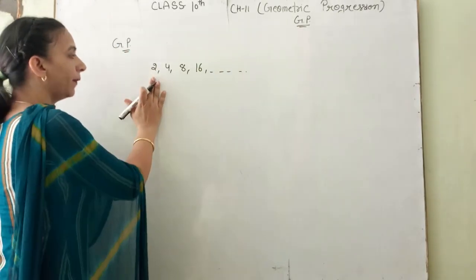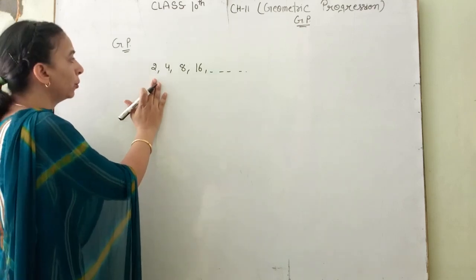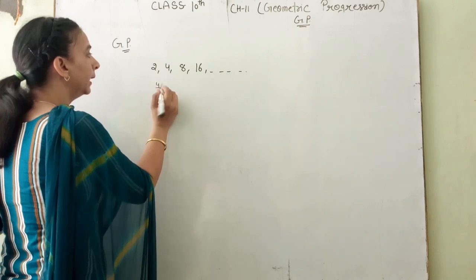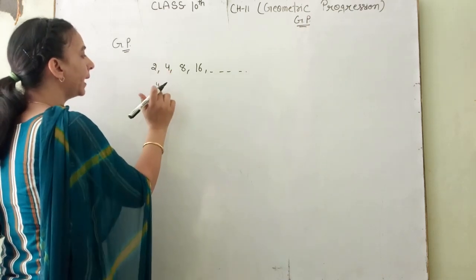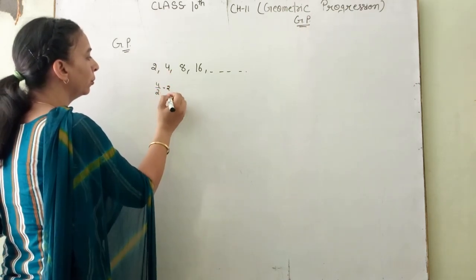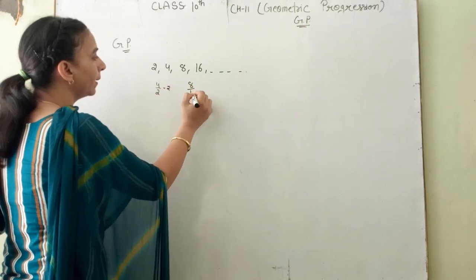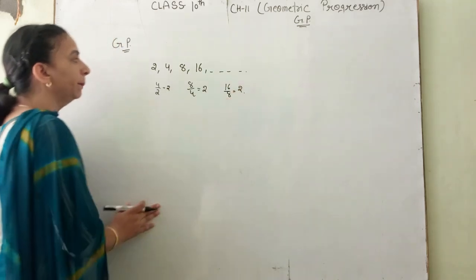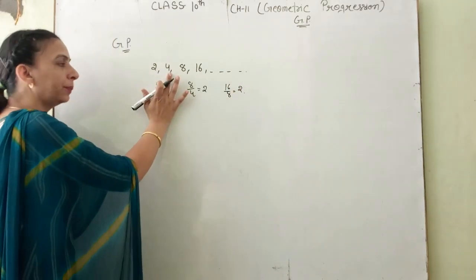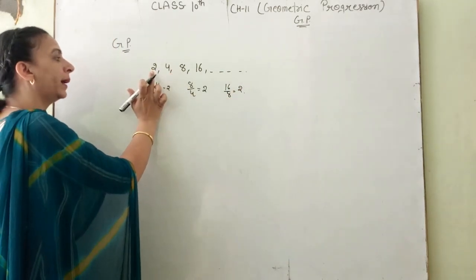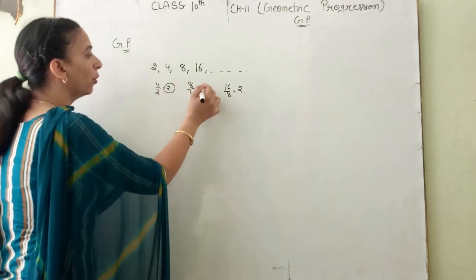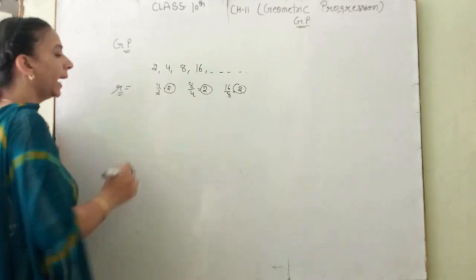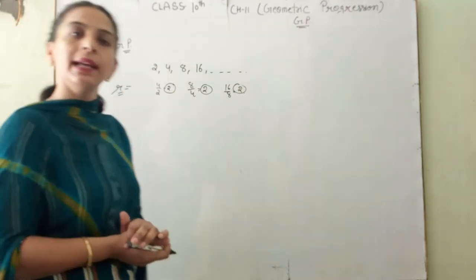Then R is 4 by 2 equal to 2, same as 8 by 4 equal to 2, and 16 by 8 equal to 2. We obtain the next term by multiplying by 2, and 2 is the common ratio, R.